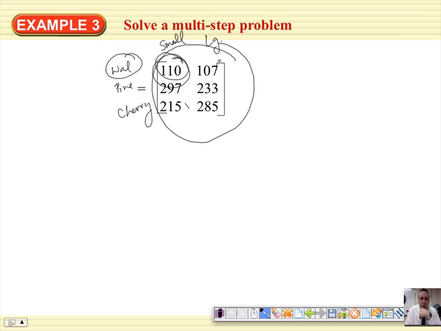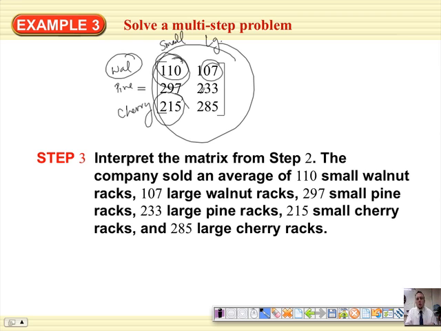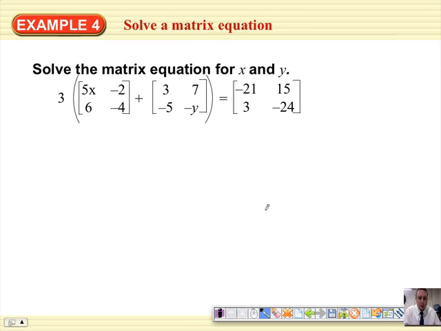On average, we sold 107 large walnuts, so on and so on. On average, 215 small cherry. Okay, so be able to interpret the matrix right here, interpreting what you have, what these numbers are. Okay? So that's it for this word problem. Just know what to do. Okay? That's it.